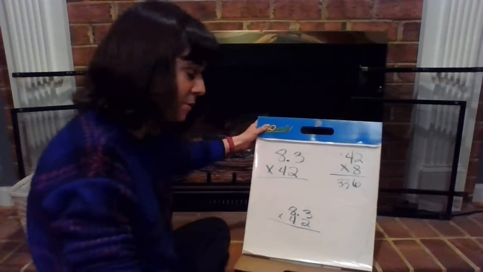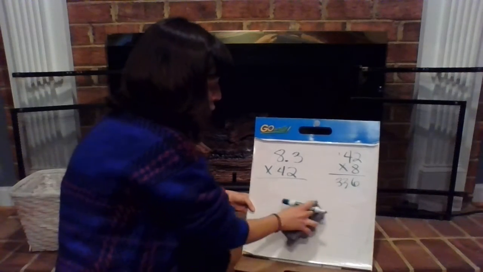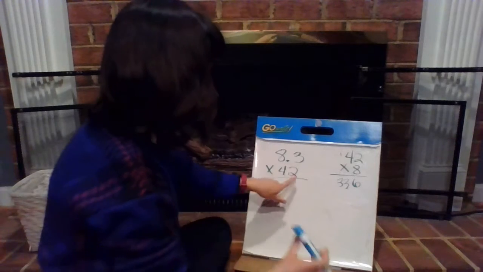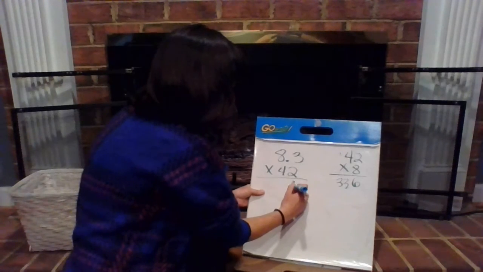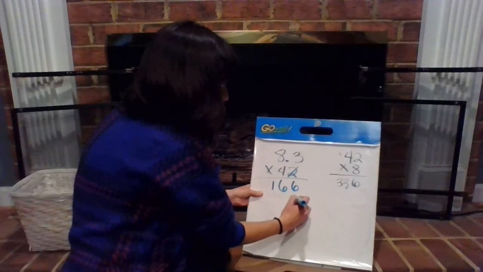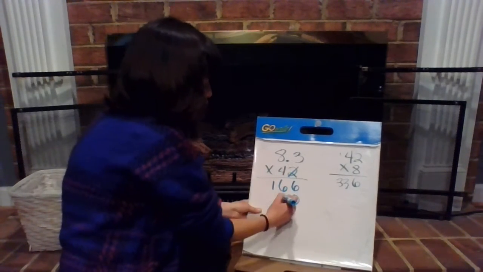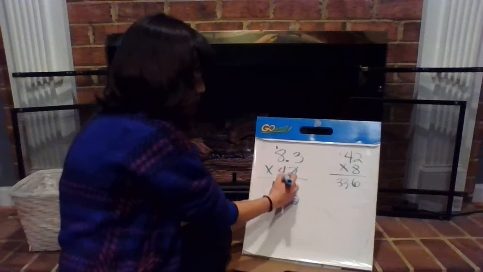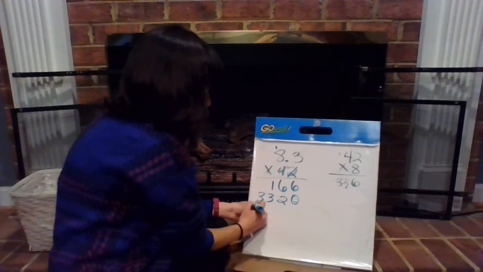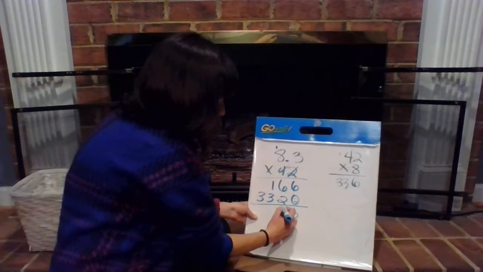When I multiply with decimals, I ignore the decimal at first and I multiply as if these were two whole numbers. So 2 times 3 is 6, 2 times 8 is 16. I add my placeholder, don't forget that one. 4 times 3 is 12. 4 times 8 is 32, plus 1 is 33. And then I add those numbers.